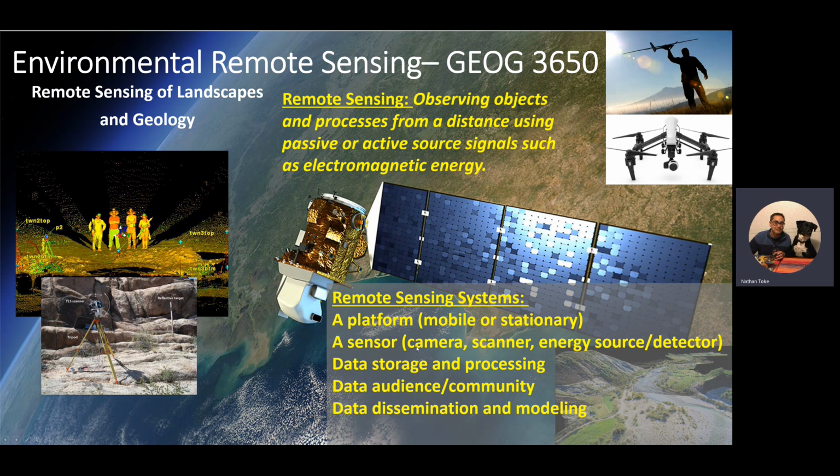That system consists of a sensor, which can be a camera or a scanner, and generally some sort of energy source, plus a detector for catching that energy as it bounces back. And then, of course, we have to have some way to store and process the data collected. And there needs to be a community, an audience for that data, and we need to disseminate and understand the data as well.